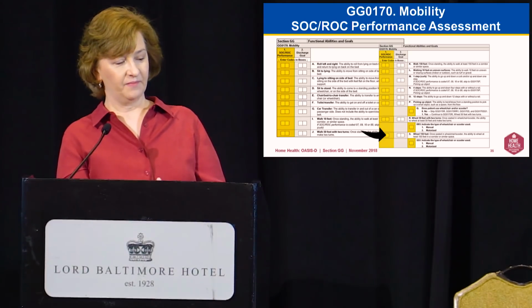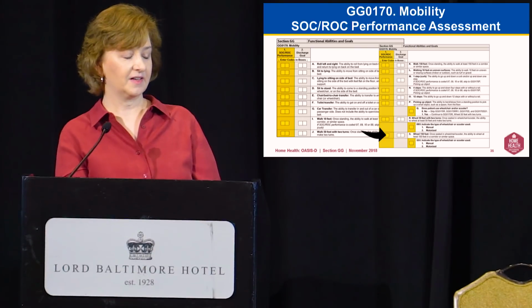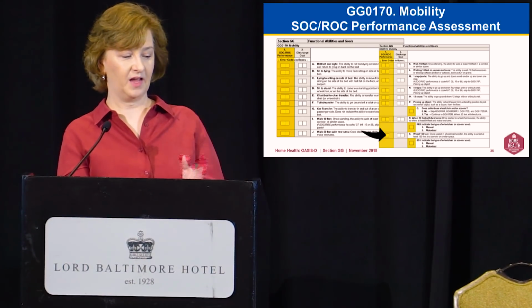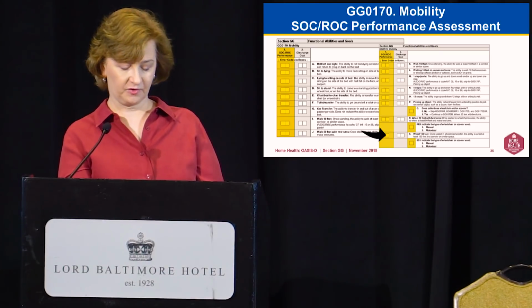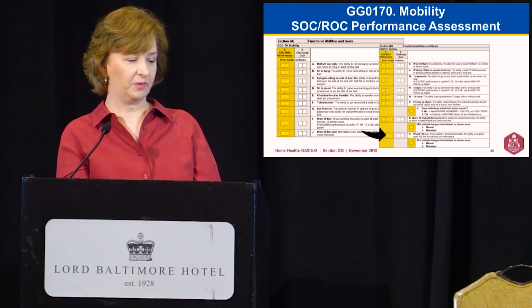At the end of the mobility area, on the second screenshot, there are some gateway questions and follow-up questions about type of wheelchair. We'll cover those later today, but those are indented a little bit.